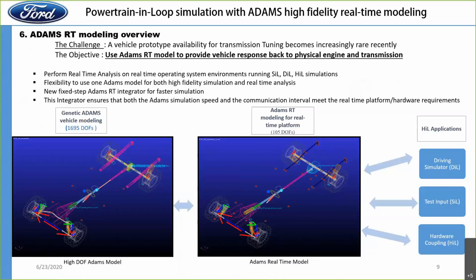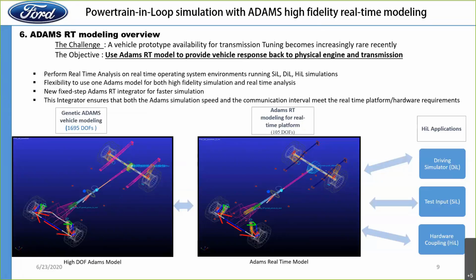Next, I want to talk about the Adams real-time modeling. The challenge is prototype availability: if we want to save cost, the company tries to reduce the prototypes for the transmission test.